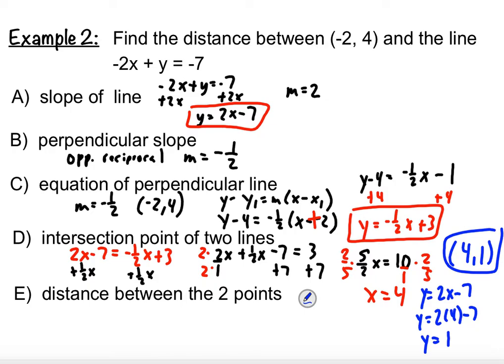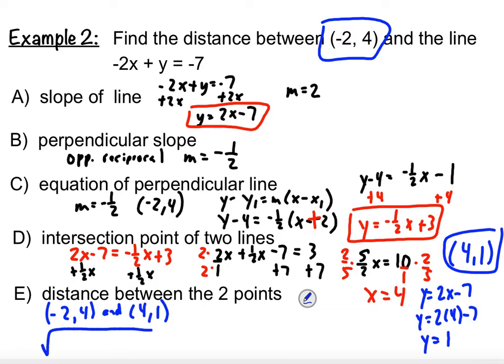So now you have to find the distance between (4, 1) and (-2, 4). So again, use your distance formula. So -2 minus 4 is -6, squared is 36.